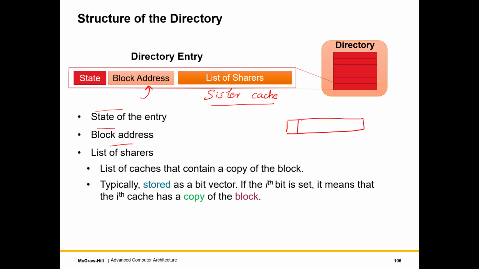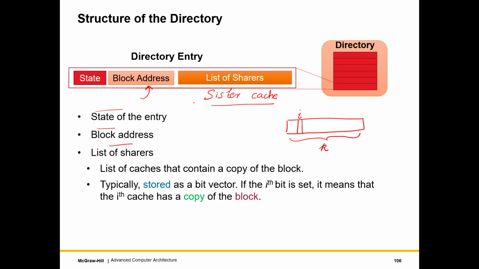The ith bit indicates whether the block is present in the ith sister cache or not. So it's just a simple bit vector we maintain. If we have k sister caches, we maintain k bits over here, right? So we have a list of sharers, a block address, and a state.